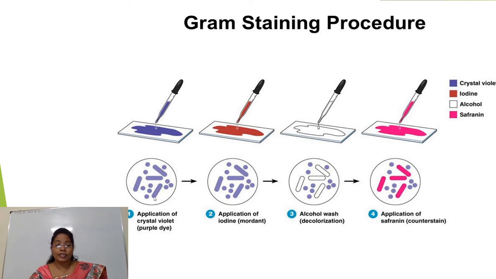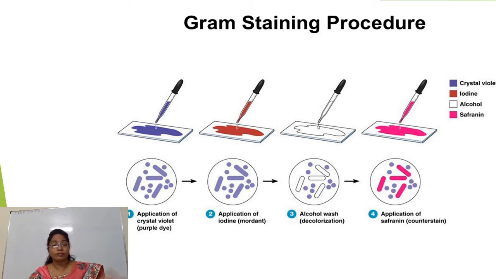So it includes 4 steps. In the first step there is an application of crystal violet. When crystal violet is applied, all bacteria are colored purple. After that there is an application of iodine, and iodine acts as a mordant which fixes this purple stain to the bacteria.